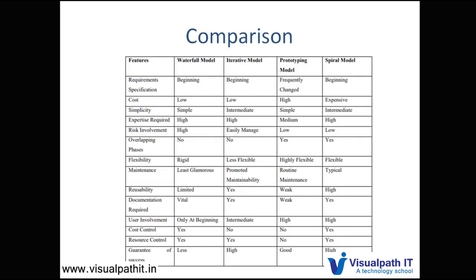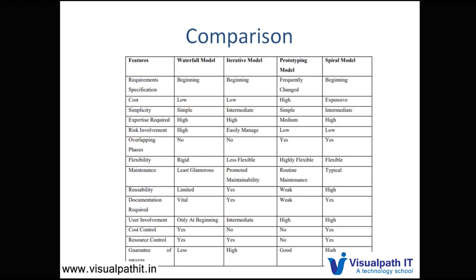Okay, so we have seen different models. Here I have listed out, tabulated the difference between them. So mainly it is based on the requirements, whether we are getting the complete requirements in the starting or at the end, or we are expecting changes in that. What is the cost of the project? Is the project small or big?